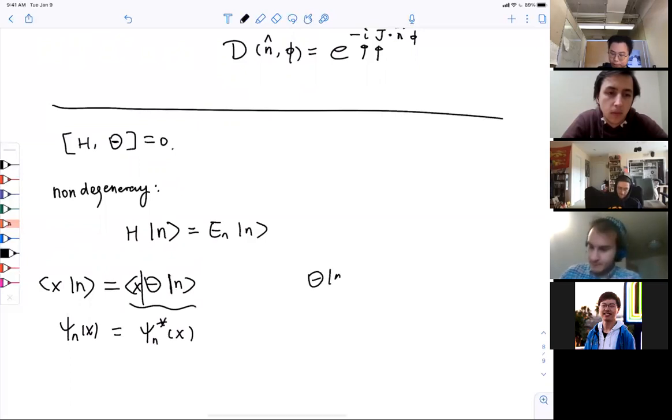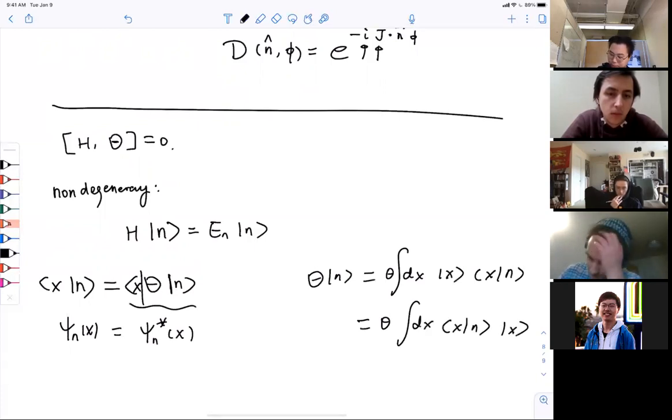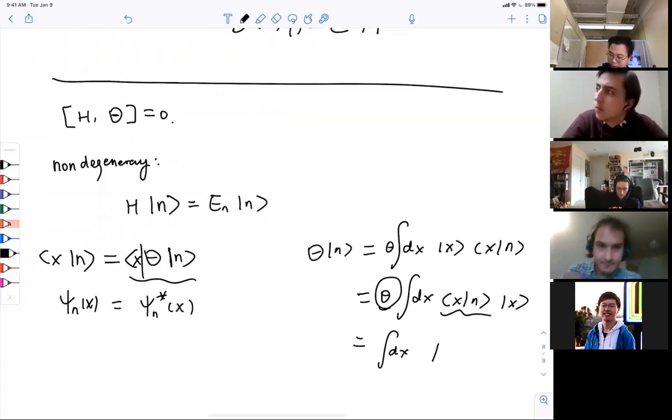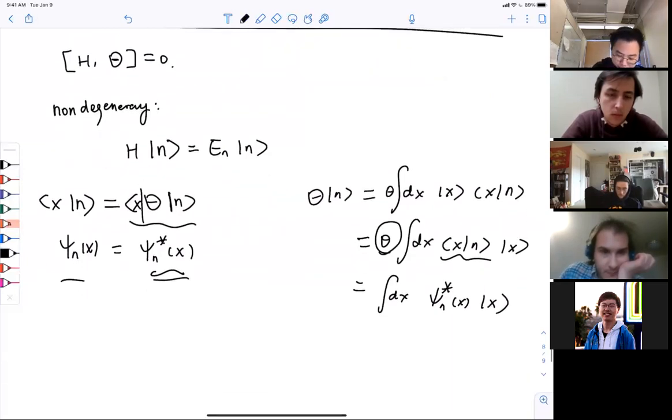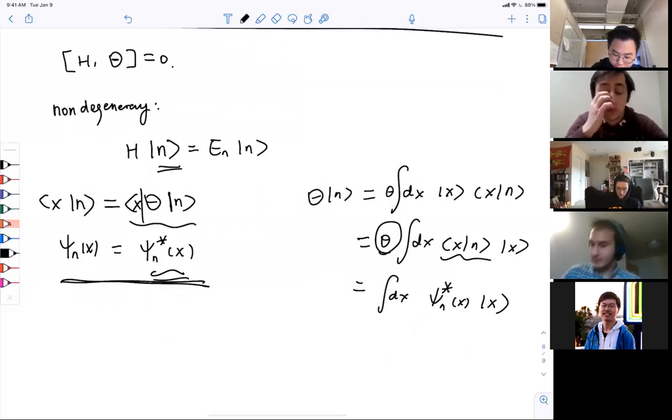Because the time reversal acting here will give the complex conjugate. This means your eigenket must be real.